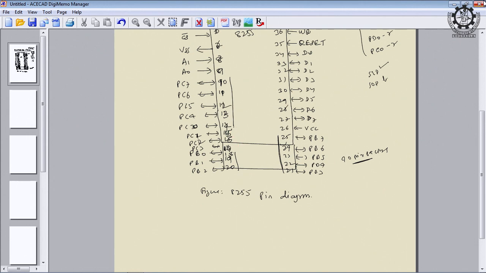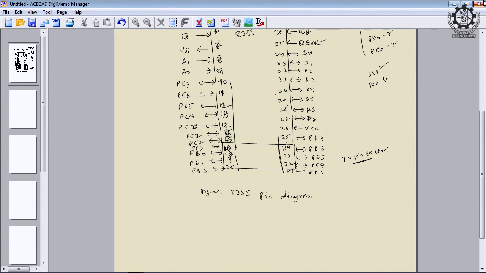Yes, pin number 10 to 17 are dedicated for port C. So 8 plus 8 plus 8, 24 pins are over out of 40 pins. Is it okay? Or in other words, port A consumes 8 pins, port B consumes 8 pins, and port C consumes 8 pins. Now what about the remaining signals?